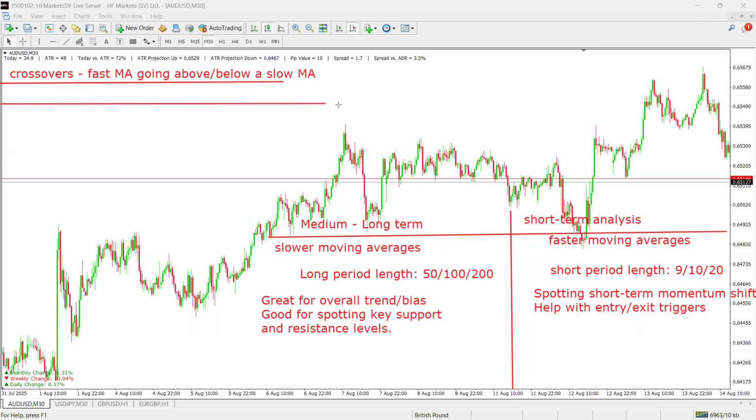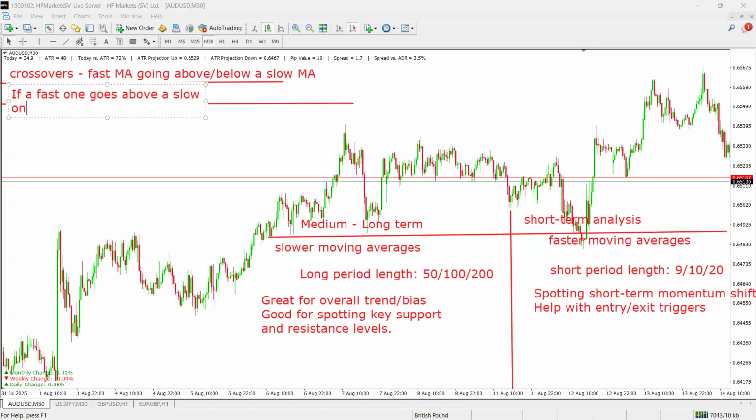Now, listen to this. If a fast one goes above a slow one, we call that one a golden cross. And a golden cross is more or less like a bullish signal.